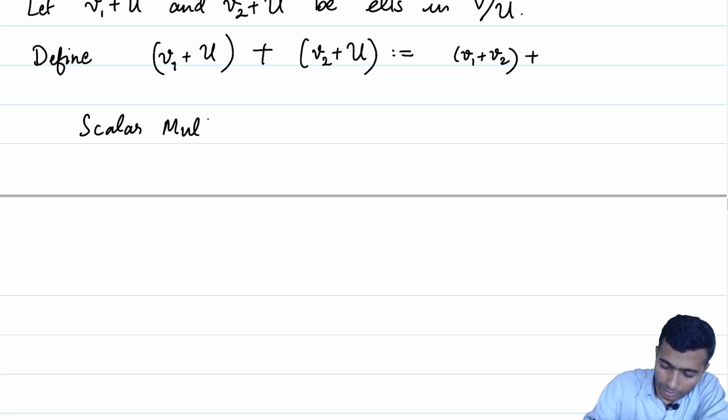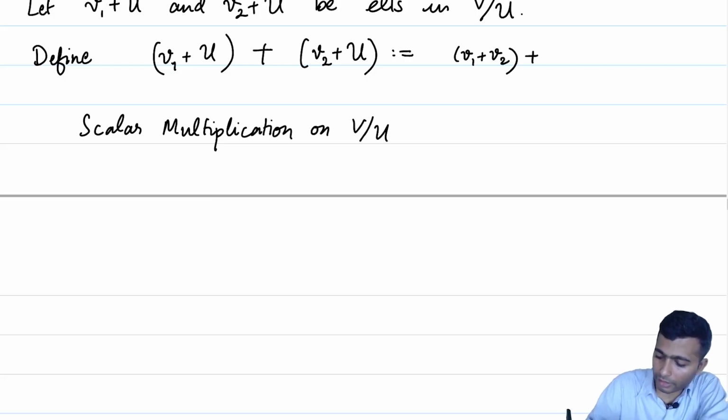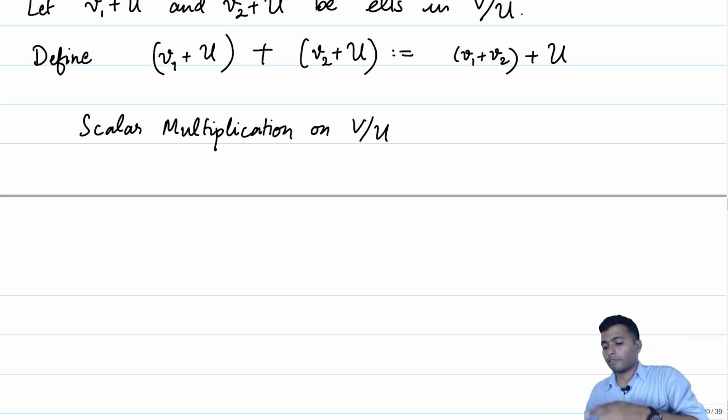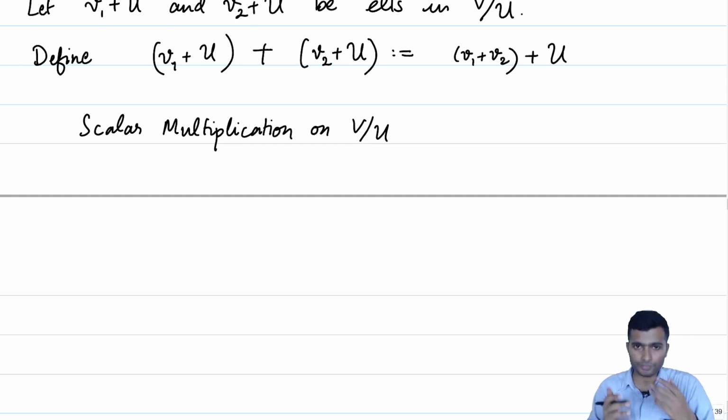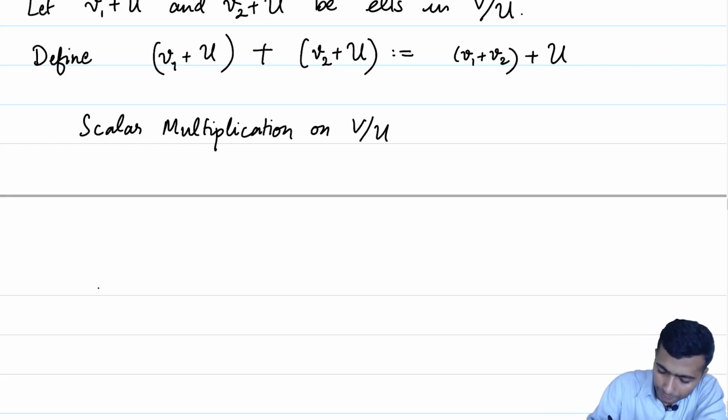Scalar multiplication on V mod U. Observe that V1 plus U and V2 plus U, by the above definition, if at all the definition makes sense, if you add them, it is giving us back an element in V mod U, and therefore V mod U is closed under that addition, again, if at all it makes sense, but we will come to that in a minute.